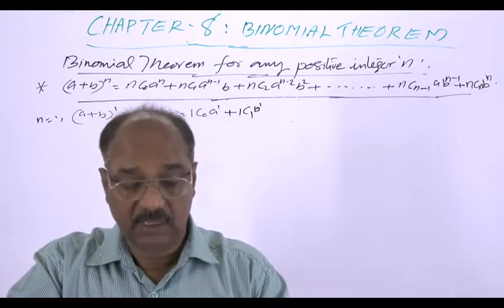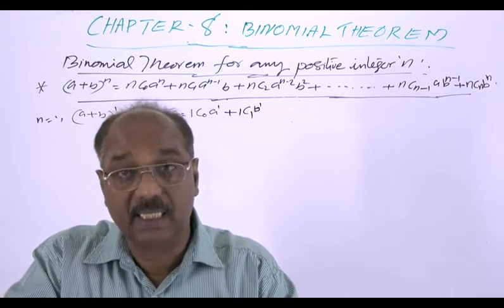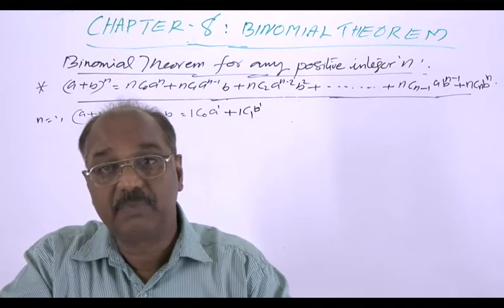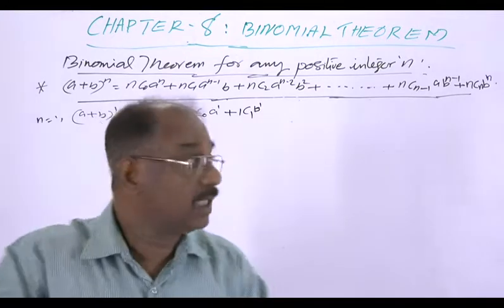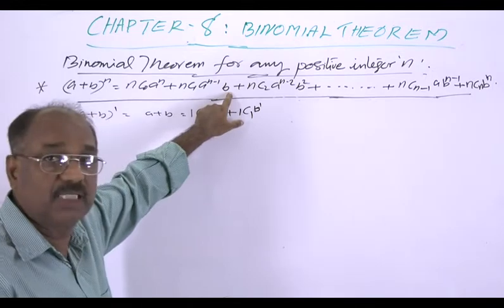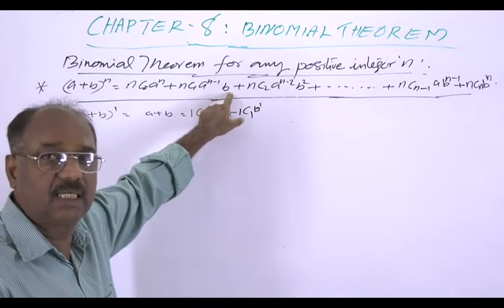Now we assume the theorem is true for n = k. That means (a + b)^k can be written like this; in place of n, we have to take k.